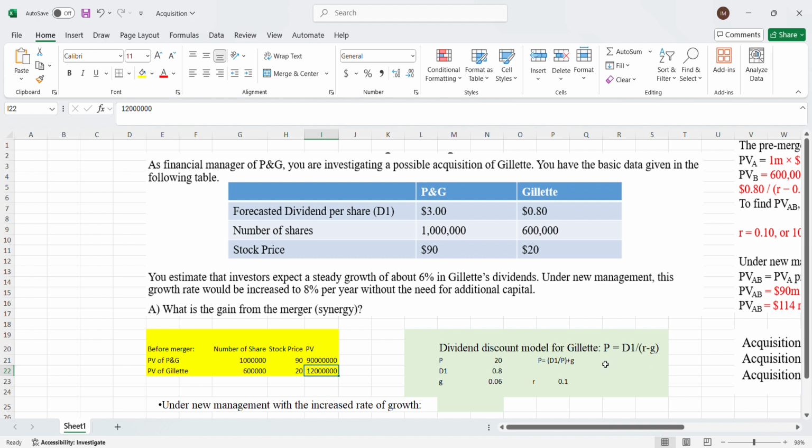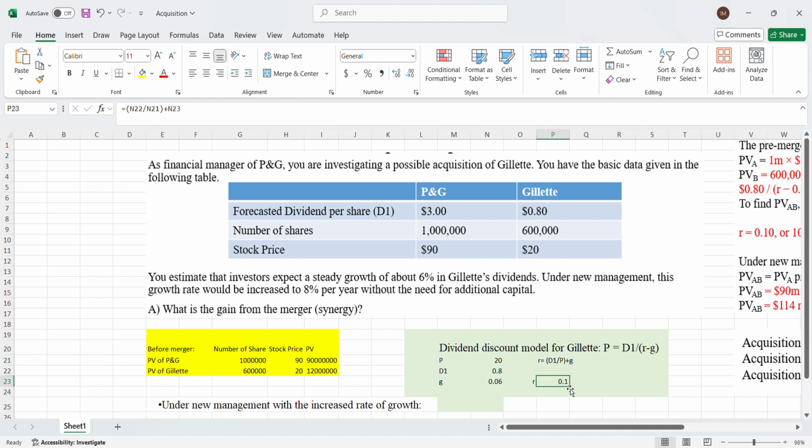The formula is price equals D1 divided by R minus G, and to get the value of R we can rewrite it like this. To get R we can just rearrange this equation.